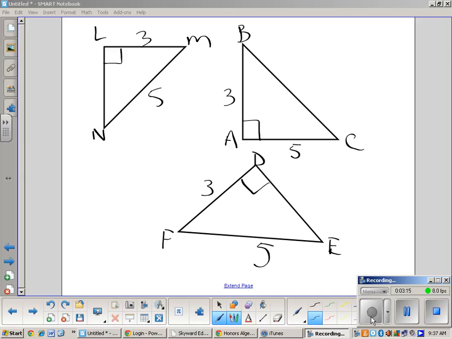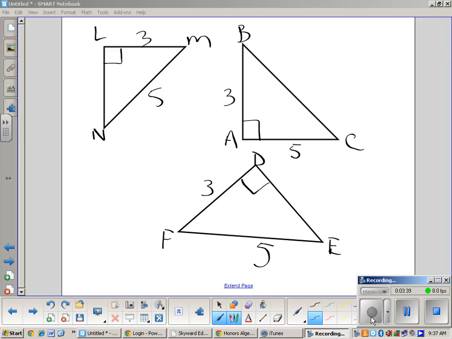Okay, let's take a look at these three triangles. We have triangle LMN, triangle ABC, and triangle DEF. Let's look at these triangles and see which ones you think are congruent.